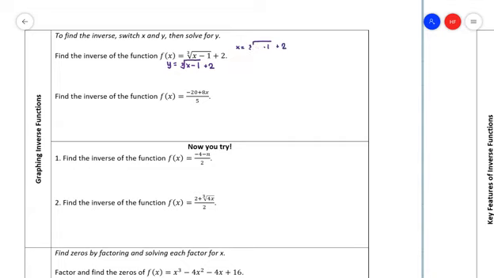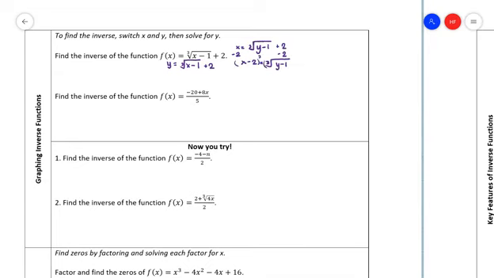Oh, I put x twice. So I'm going to, I did it again. Y minus 1. There we go. Okay, so I'm going to solve this for y. So x minus 2 equals the cube root of y minus 1.